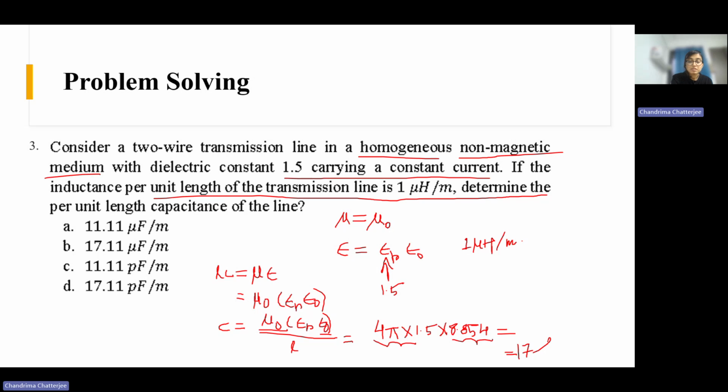It's approximately 17.11, so I think option D. Okay.